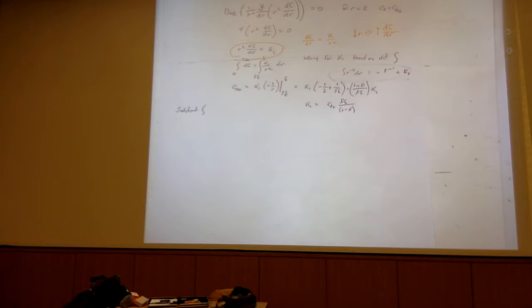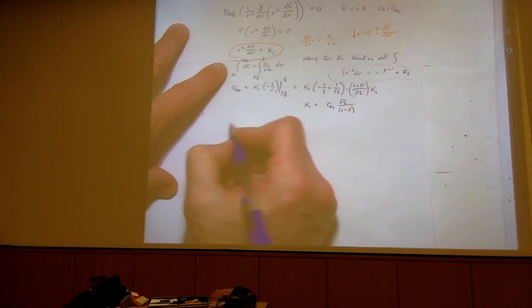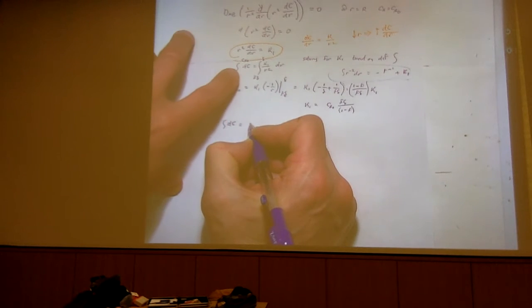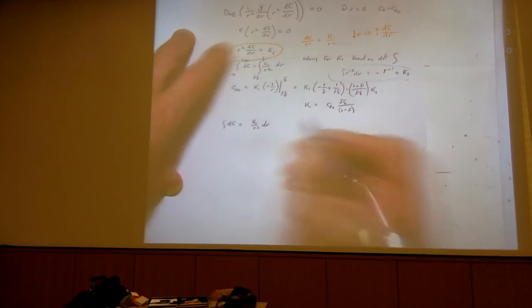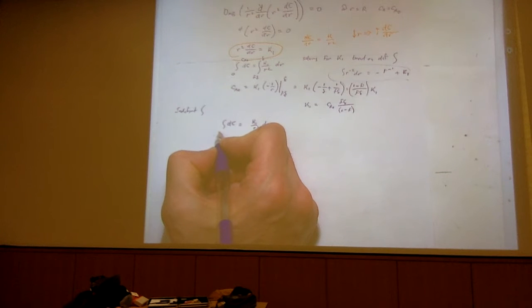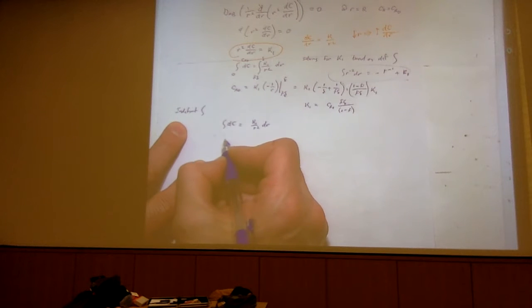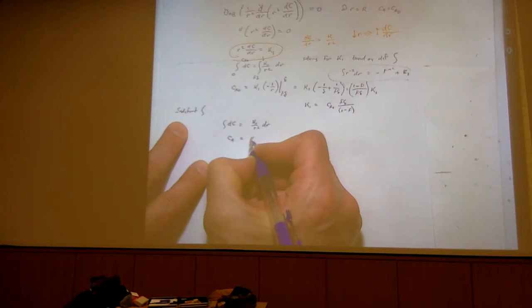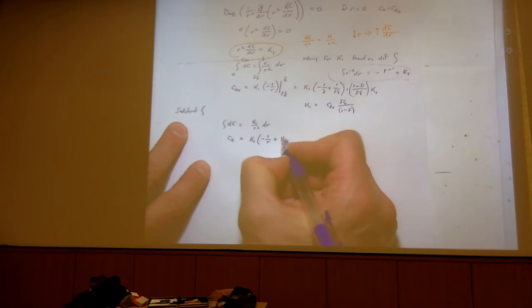For the sake of the 3 minutes that I have left here, I have to go back to this thing and actually do the definite integral, which would be dc equal to k1 over r squared dr. I'll do an indefinite integral so that I end up with c sub a equals, in this case, k1 times minus 1 over r plus k2.